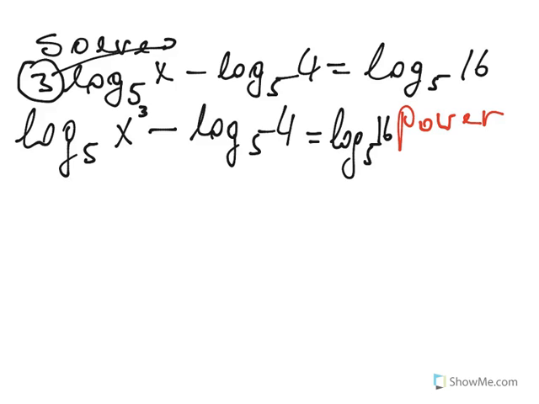Now on the left side you can tell that we have a log minus another log. Since it's a subtraction between these two logs, we are going to use the quotient property of logarithmic functions. So I'm going to write here quotient.